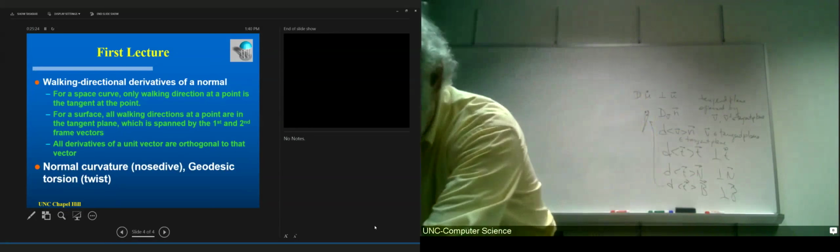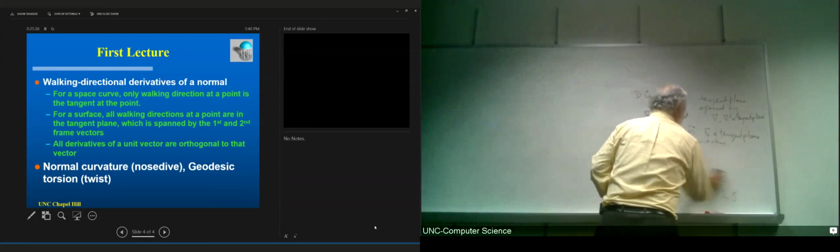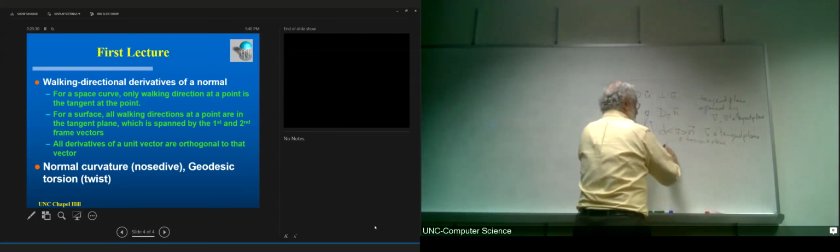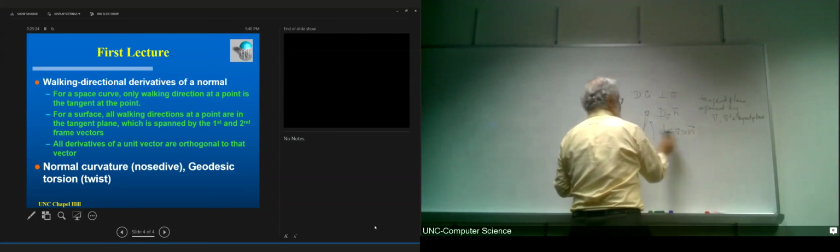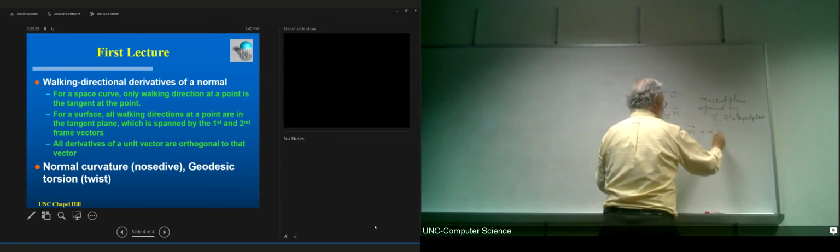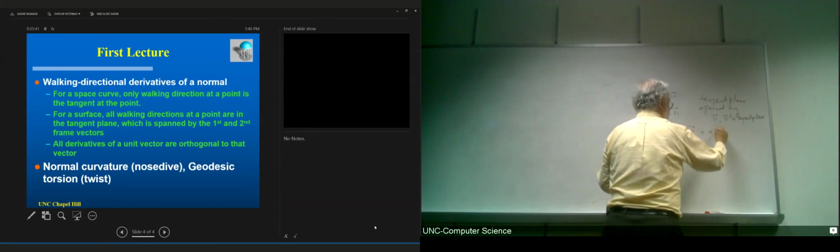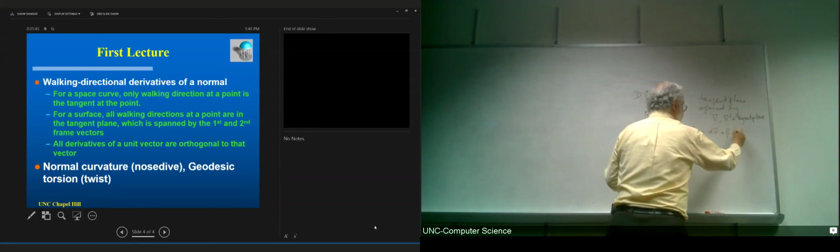Okay, so let's get some of this erased. We're talking about a surface now. We'll get to the space curve later, but okay, we have this dv of n, and what I'm now saying is this is going to be alpha times v plus beta times v perp.